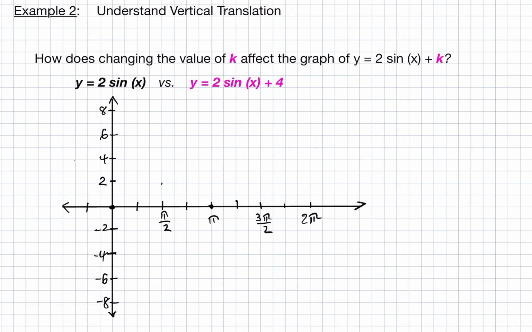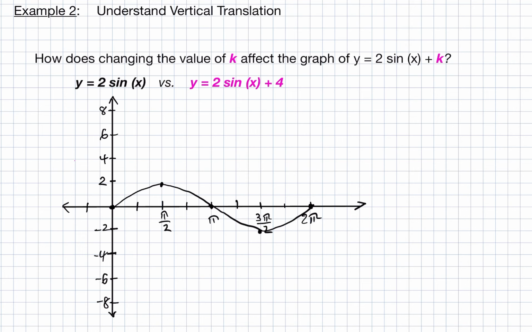This goes up to 2 at pi over 2, back down to 0 at pi. Then it goes down to negative 2 at 3 pi over 2, and then back to 0 at 2 pi. So if we were to graph this, it would look something like this. All right. So that is our y equals 2 sine x.